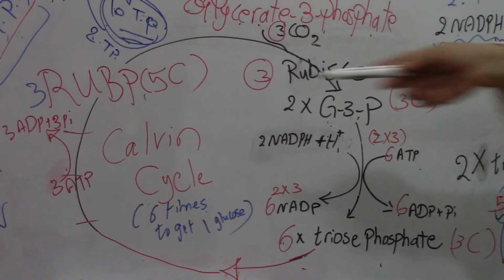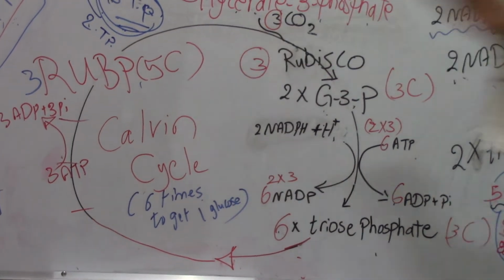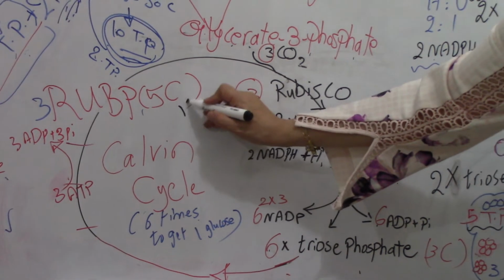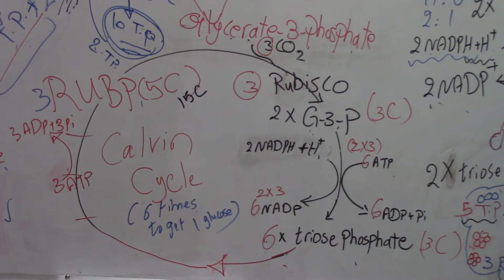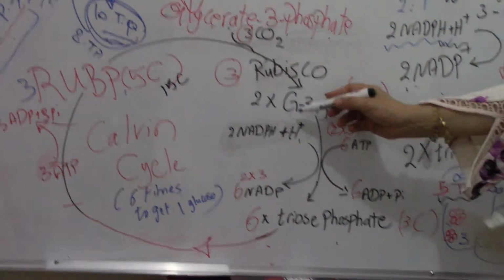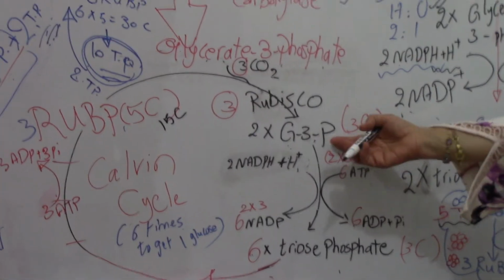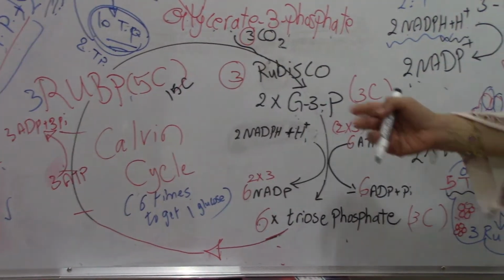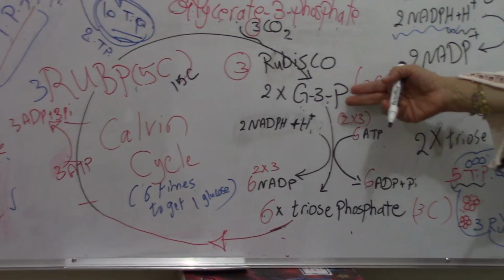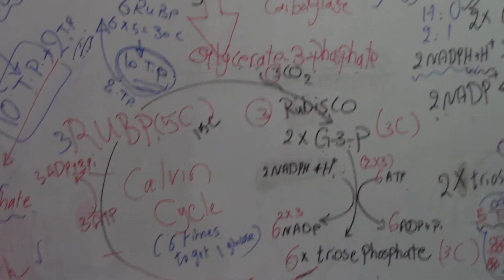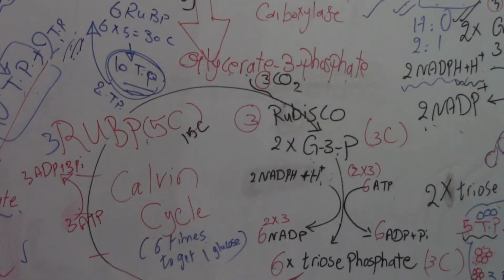So if we started with 3 molecules of ribulose bisphosphate, each of them has 5 carbons, meaning that we have 15 carbons here. By the enzyme Rubisco, they will give glycerate 3-phosphate. How many glycerate 3-phosphate can they produce? If I have 15 here, we expect that we can have 5 molecules of glycerate 3-phosphate.